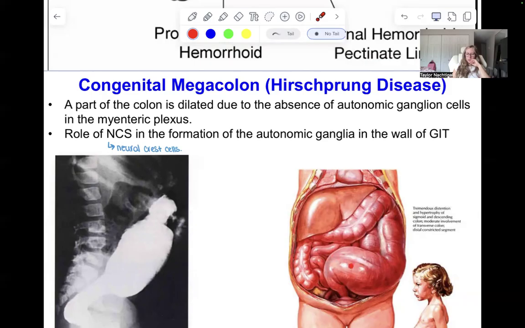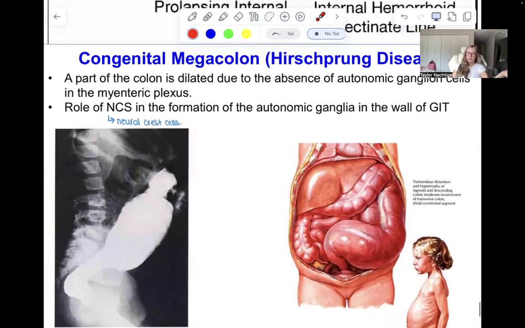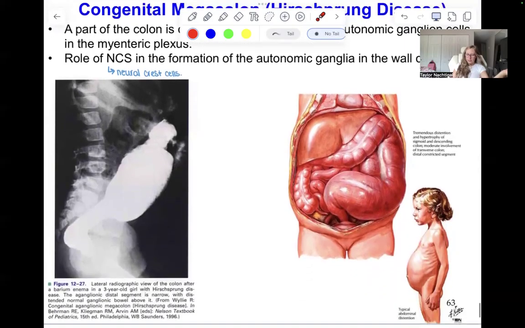So there'll be no nerves to sense that there is stuff to be voided in the colon, which develops into a problem known as congenital megacolon. So we don't want that.